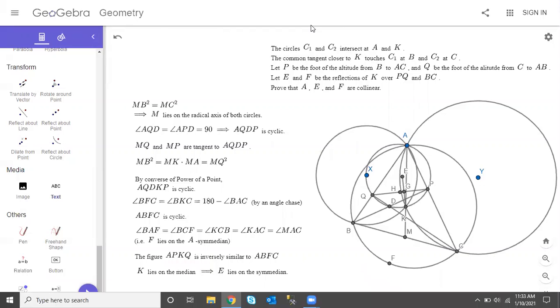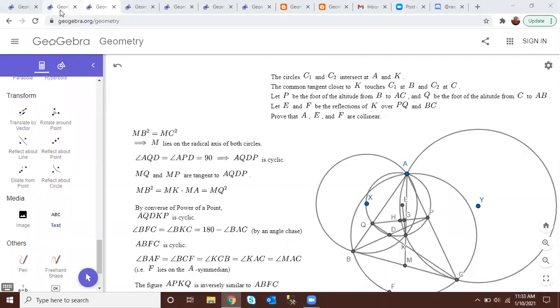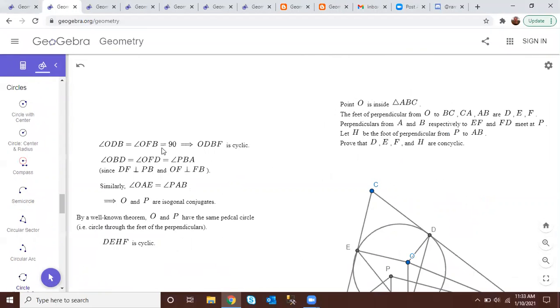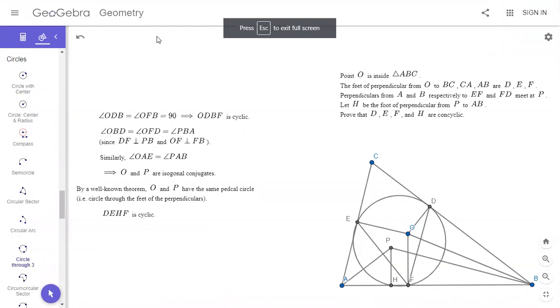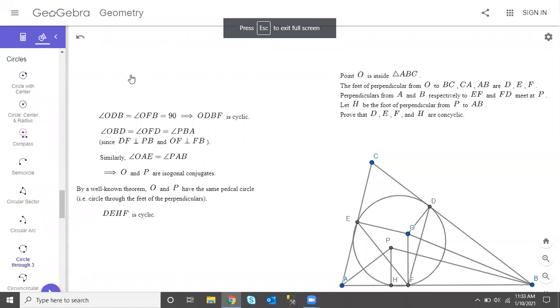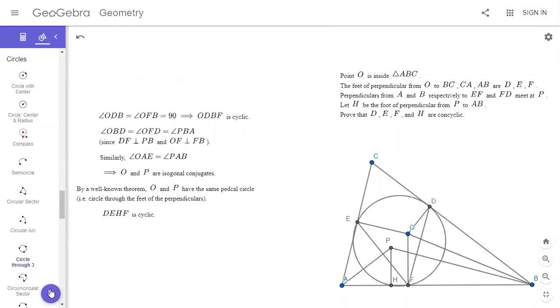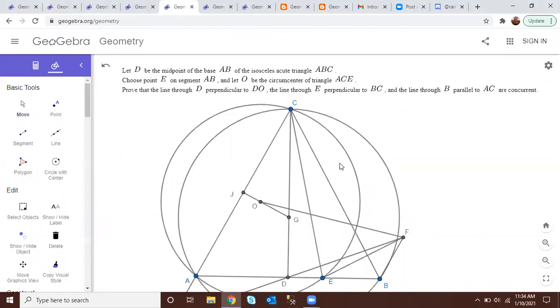The other one. Have you seen this one too? The one with isogonal conjugates? Yes, I'm talking about this one. This one is already done. So yeah, about that parallel thing.